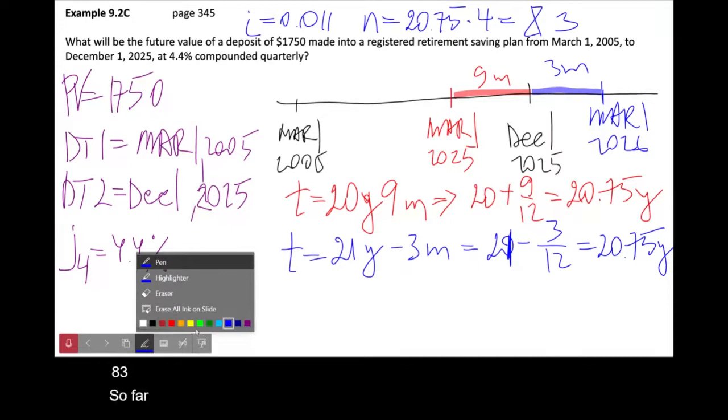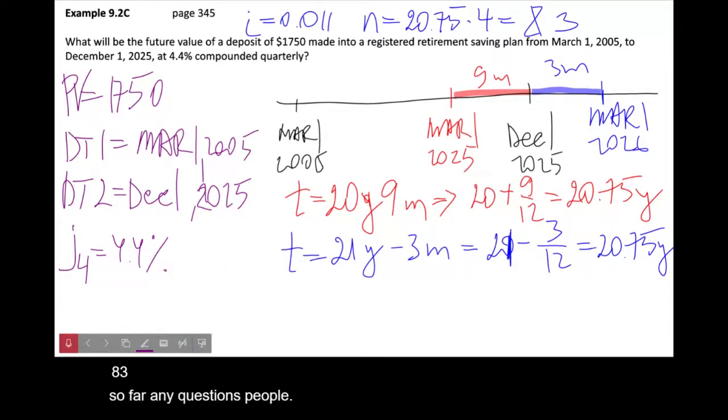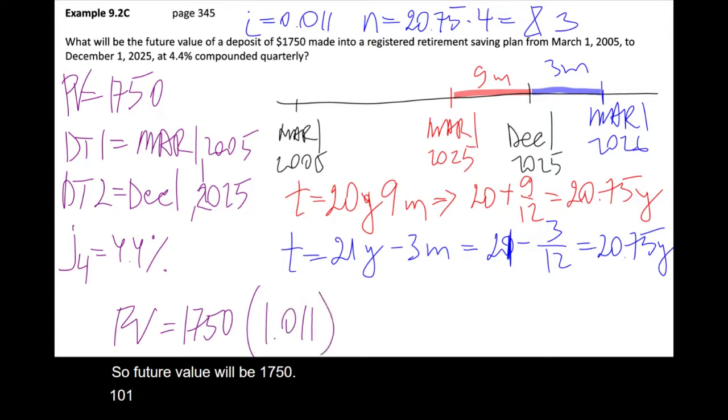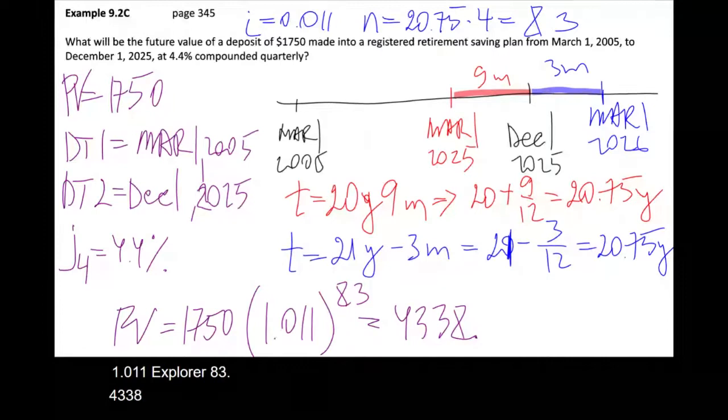So far, any questions, people? So future value will be 1,750 times 1.011 exponent 83. I have 4,338.94.